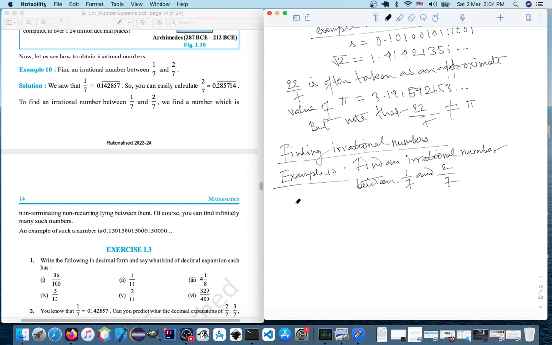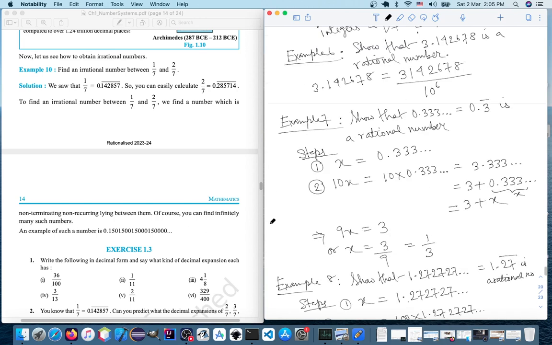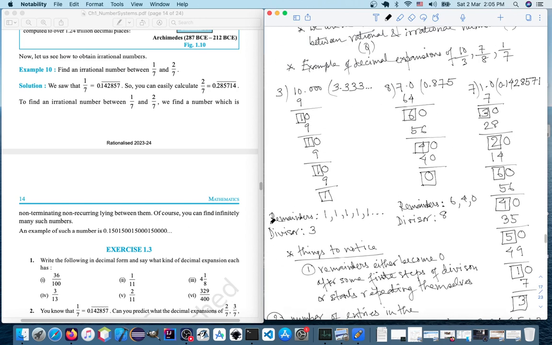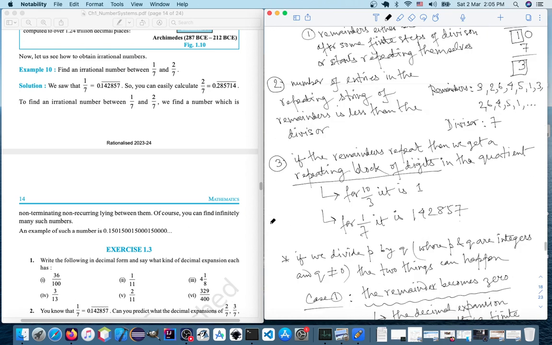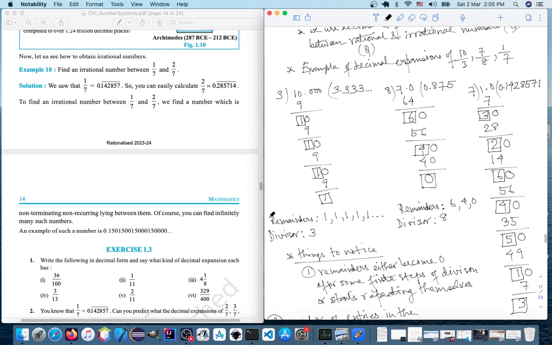In the beginning we found the decimal expansion of 1 by 7. What was 1 by 7? 1 by 7 was 0.142857 with the repeating block of digits 142857.